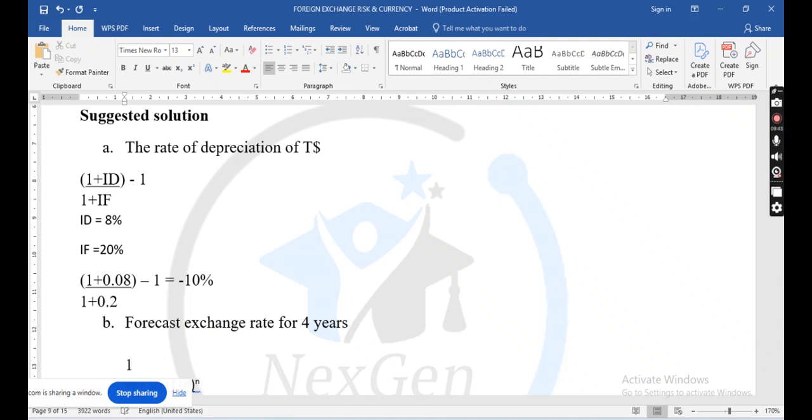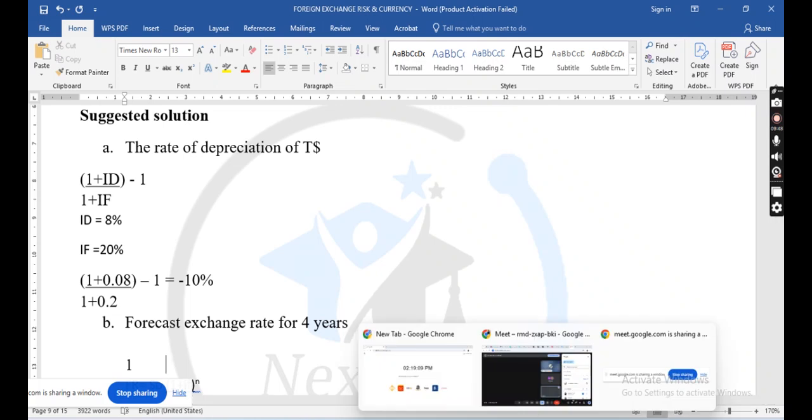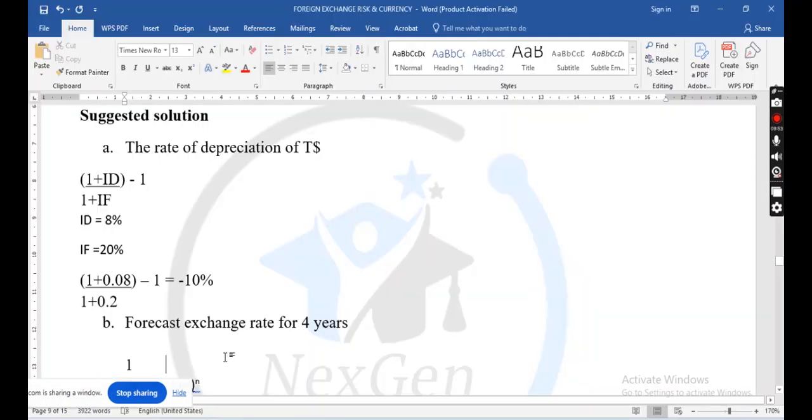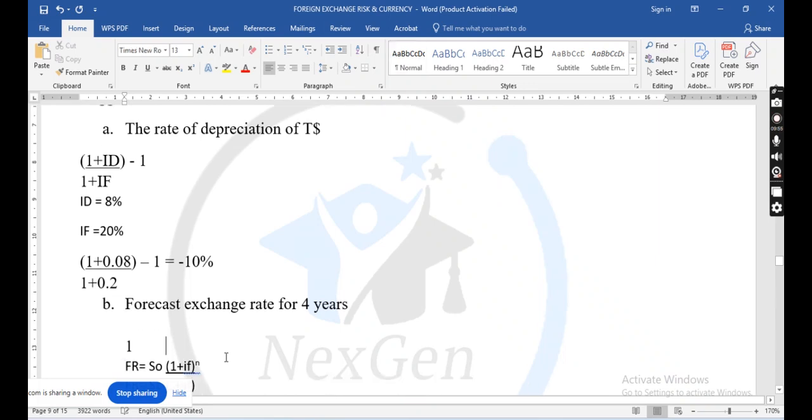Now, the depreciation indicates that your spot rate will decrease by 10%. Let's forget about the formula. Your spot rate will decrease by 10%.